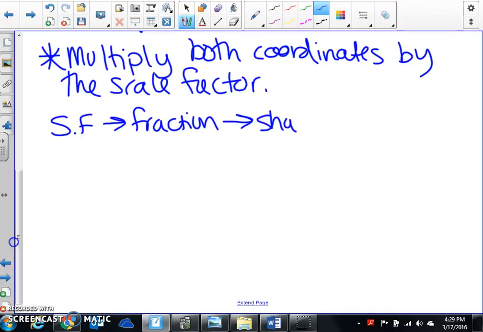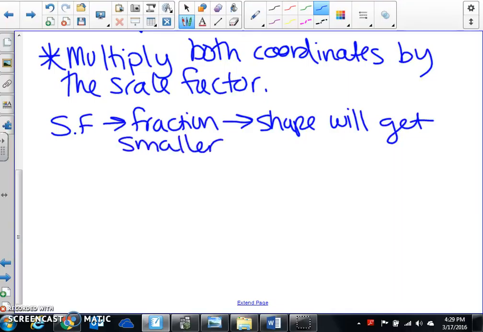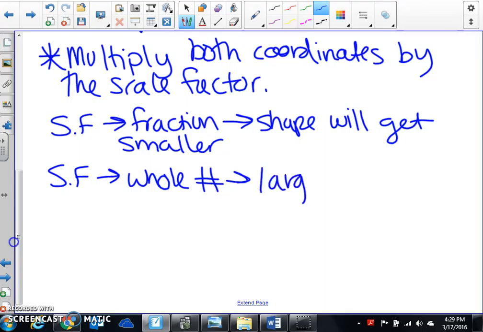Shape will get smaller. If the scale factor is a whole number, then it will get larger. Okay, so let's actually do some examples.